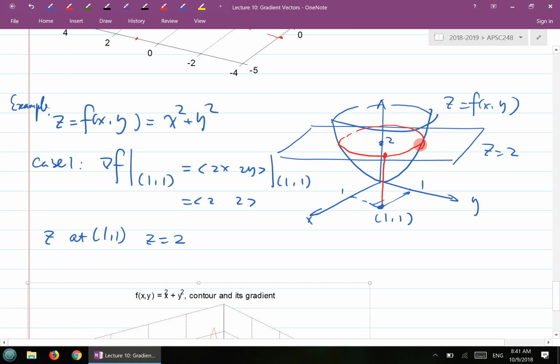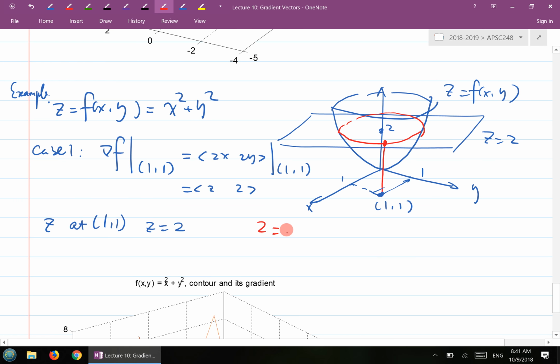Plugging (1, 1) here, you get z equal to 2. If you slice this surface with the z equal to 2 plane, you get a circle, and that circle is 2 equal to x squared plus y squared.